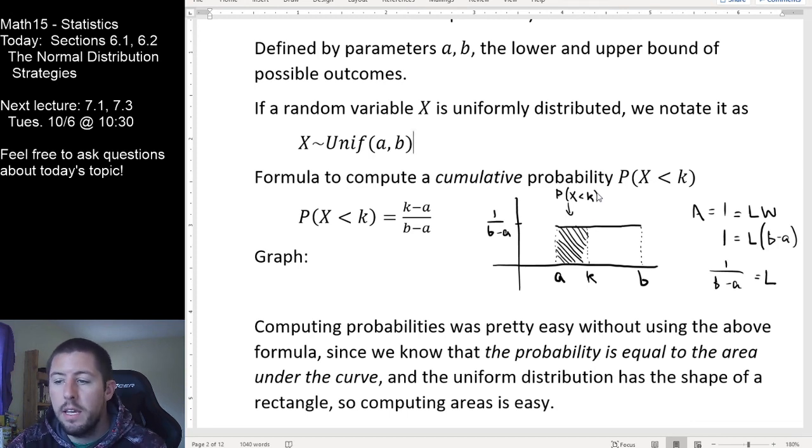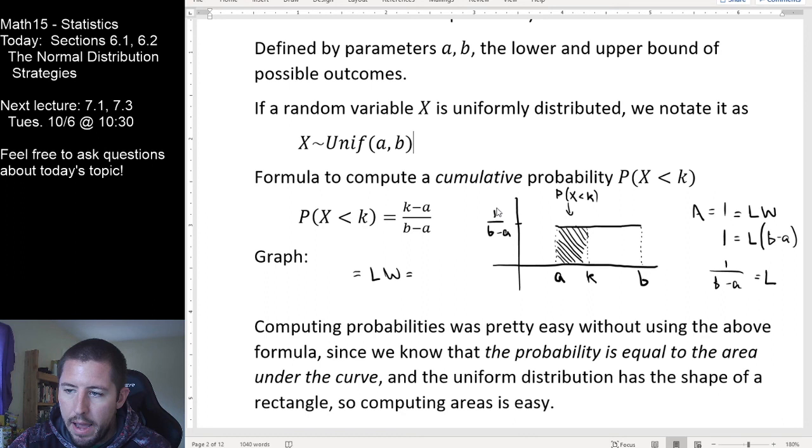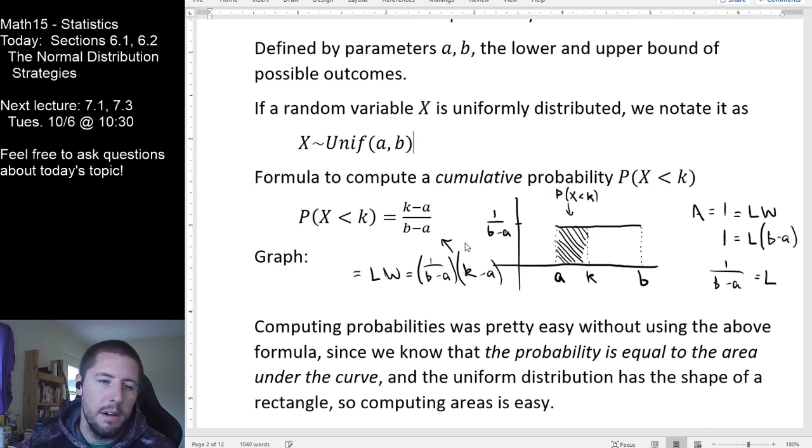And so what you can see here is that this is a rectangle. This should be a length times width. My length, I guess I'm thinking of length as my height right here, because I'm thinking of width as horizontal. My length or my height right here is 1 over b minus a, and my width here is k minus a.